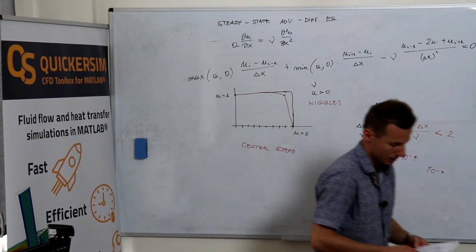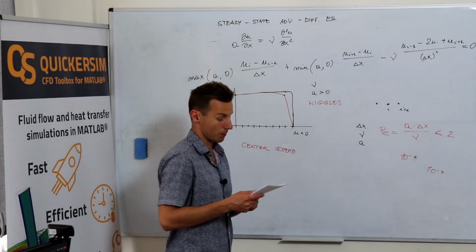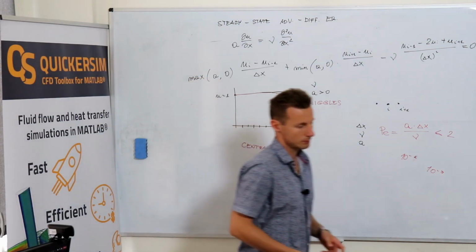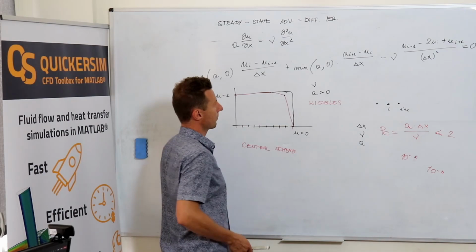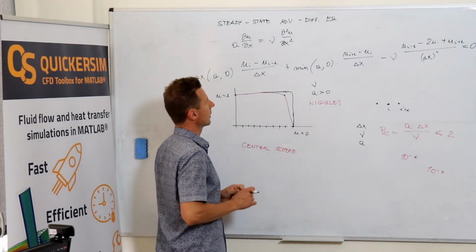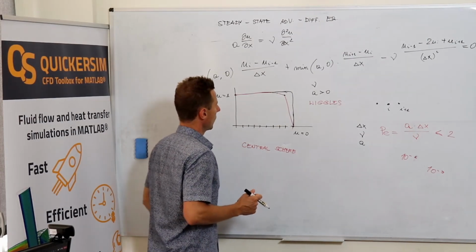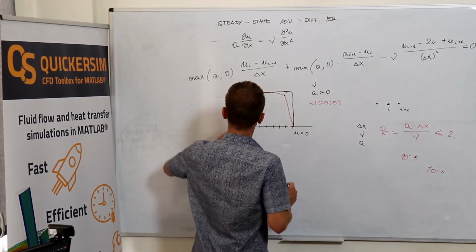All right, maybe one last comment on this topic. If we discretize this problem, the advection diffusion problem, what is the matrix structure that you come up with?